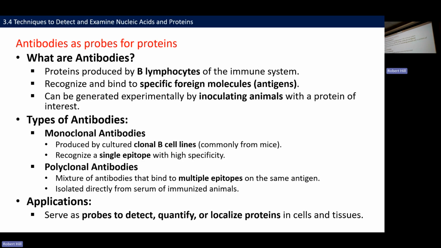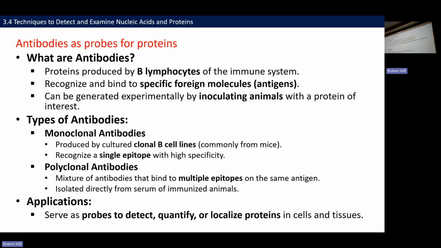Epitopes are regions of antigens that the antibody binds to. These molecules come from the immune systems of animals. B lymphocytes produce antibodies in response to the organism getting exposed to a particular antigen. An antigen is any foreign substance to the organism.